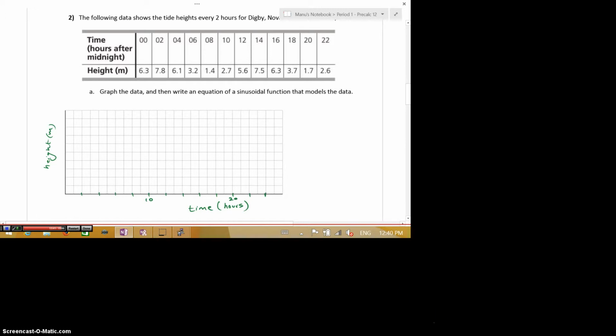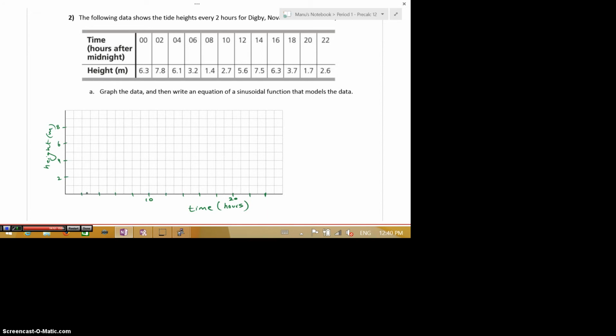I'll go up by 2s. If I look at the data going up in terms of height, my data fluctuates between 1.4 all the way up until 7.8. So really I'm going from 1 all the way until 8. I want to set my scale accordingly. Let me see if I go up by 1s, that'll do the trick. Do I have enough space? 2, 4, 6, 8. Yeah, I'll have enough space to go up by 1 unit each.